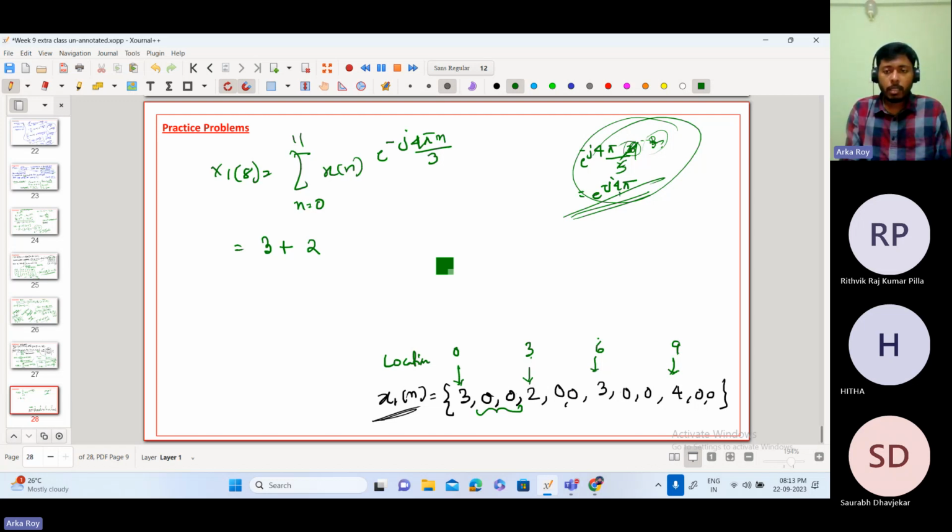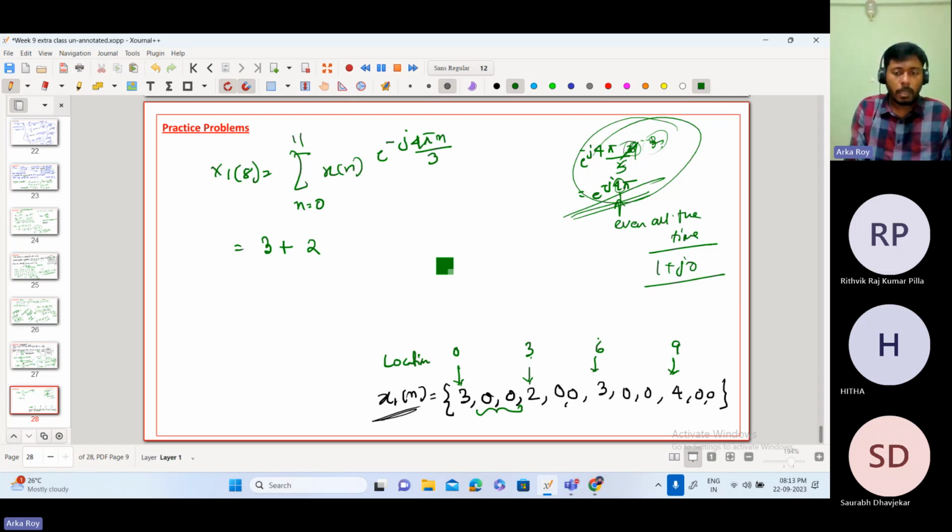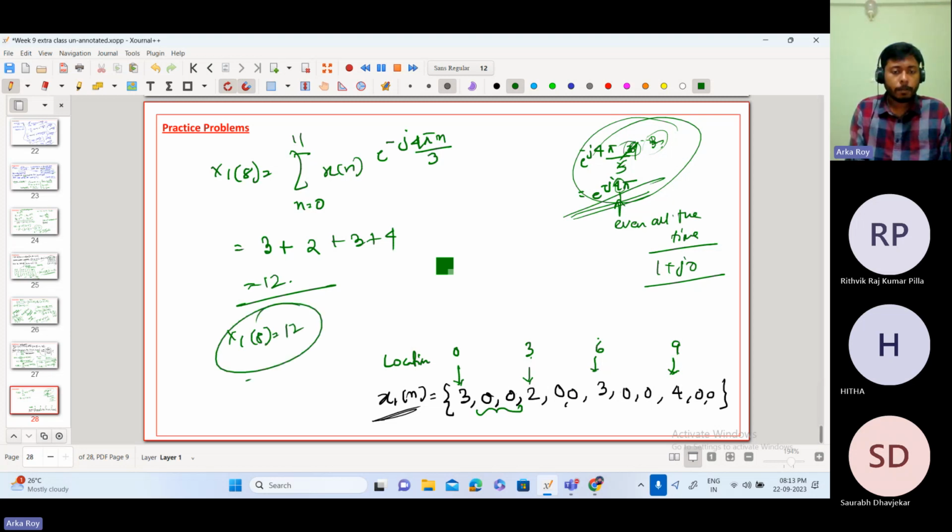The factor will be even all the time, so it will be 1 plus j into 0. So 3 plus 2 plus 3 plus 4: 3, 5, 8, 12. So your x1 of 8 is 12. Now we need to find what is x1 of 11.